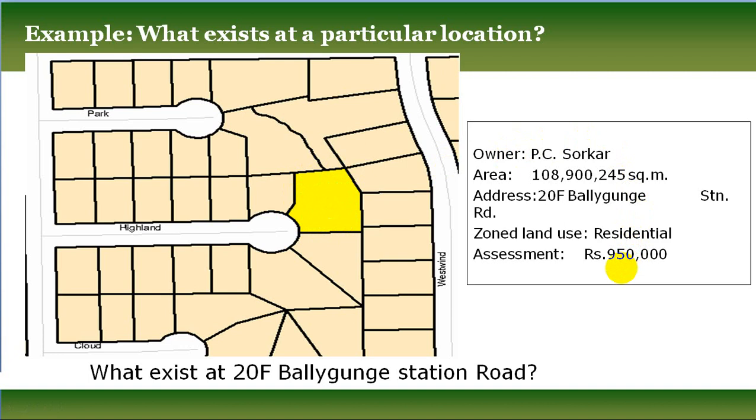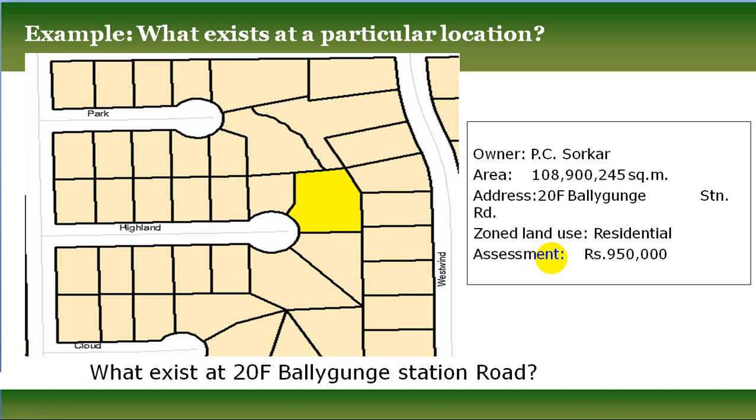So all such non-spatial information is also provided to you, so that once you ask such a question, the GIS software shows you the location on the map along with additional non-spatial information that gives you a much broader idea.